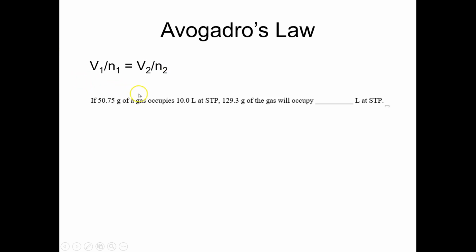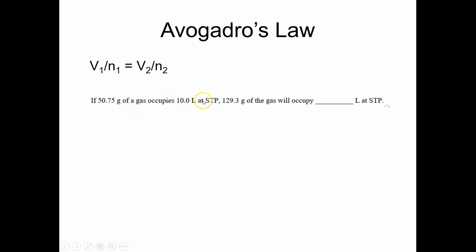Well, I don't have to, because as long as it's the same gas, the ratio of the mass of the 2 samples is also going to be equal to the ratio of the moles of the 2 samples. In other words, no matter what the molar mass is, 50.75 over 129.3 is going to be the ratio of the moles.